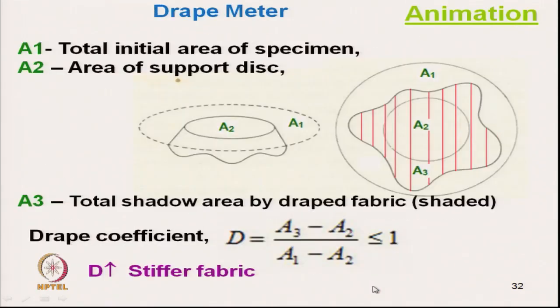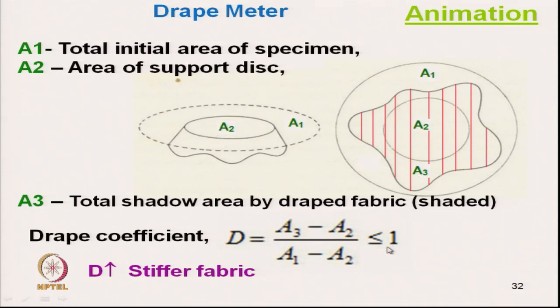Now, let us compare with the earlier process. If we take the mass of the whole paper, that means we are taking A1 minus A2; that is the denominator, the total annular ring.